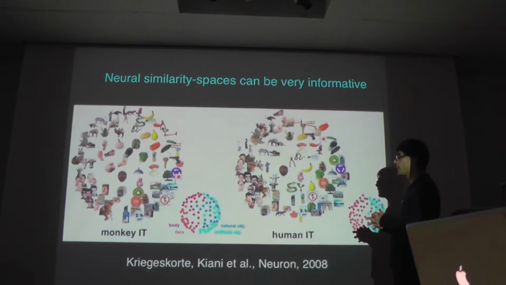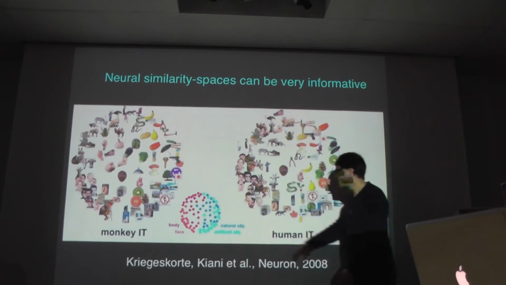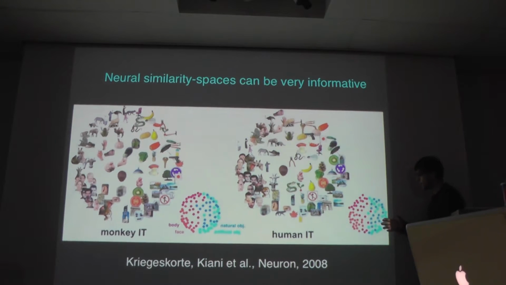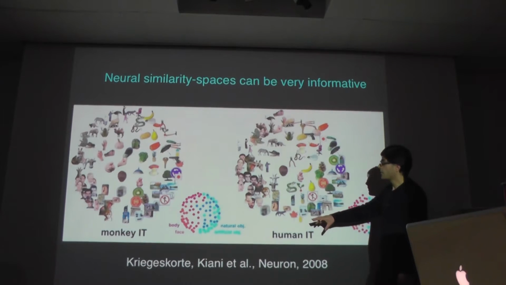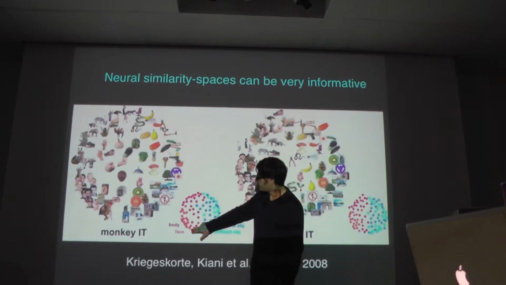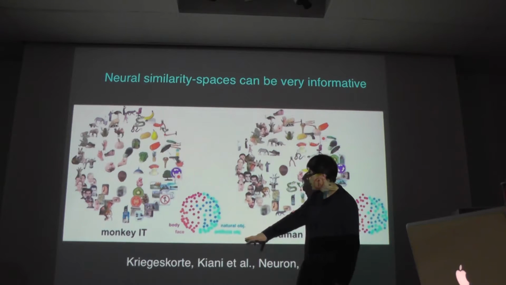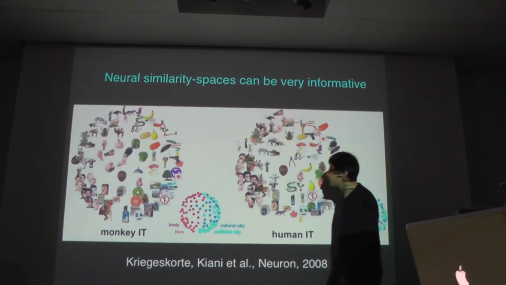Well, it turns out, and this might be easier to see in these little colored dots. What the colored dots show is that the faces are colored red, the bodies a shade of purple, natural objects a darker blue, and artificial objects lighter blue.